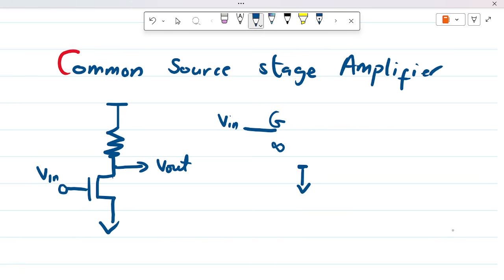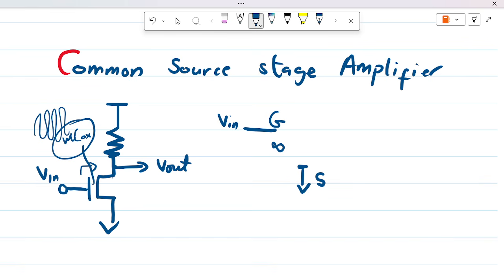But we must mention that the input impedance is no longer infinity if the input signal has a very high frequency, because this is a capacitor with the capacitance of Cox multiplied by the area of the device. We already discussed that in the very early videos of MOS devices, so we just need to keep that at the back of our minds.